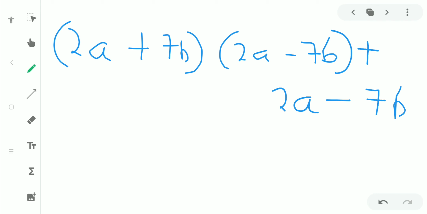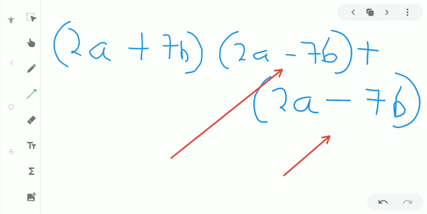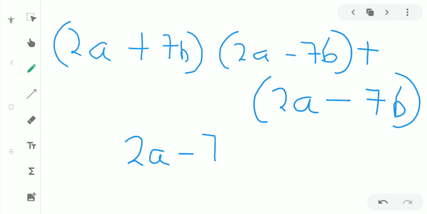I am writing it down. So if I'll keep brackets like this, we'll get, or we can take 2a minus 7b common because there is a separator plus in between. 2a minus 7b is nothing but 2a minus 7b multiplied with 1.